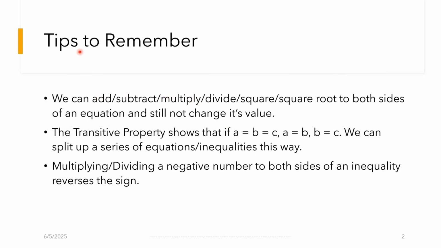Here are some tips to remember. So, first of all, when we solve equations, we have to isolate them. We can add, subtract, multiply, divide, or square root both sides of an equation and still not change its value. That's how we isolate the equation.